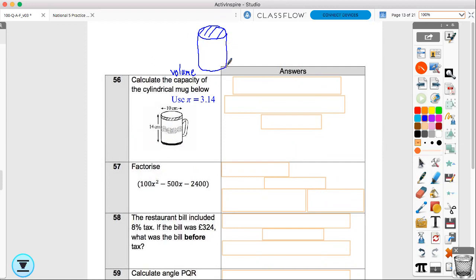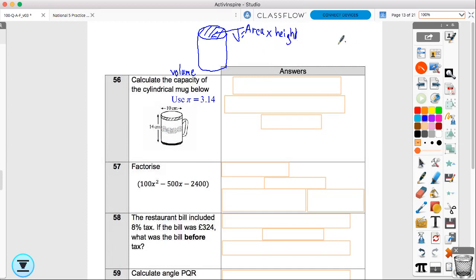So I need to find the area first of that circle there. And once I've got the area of that circle, I just times it by the height. And that's how you find the volume. So volume equals area times a certain length, or you can put height, it's up to you.